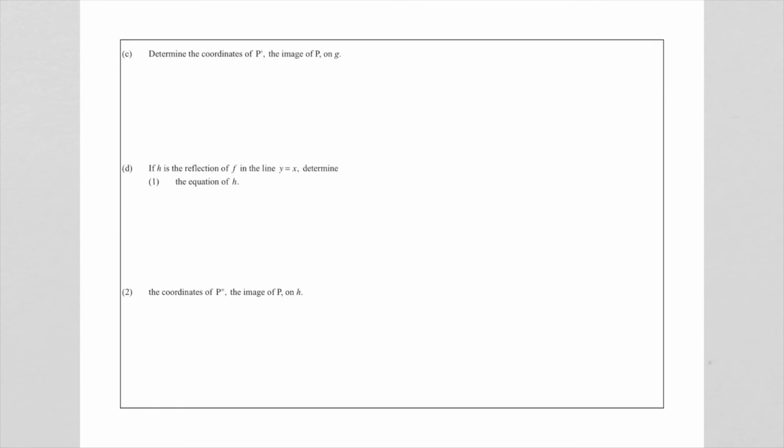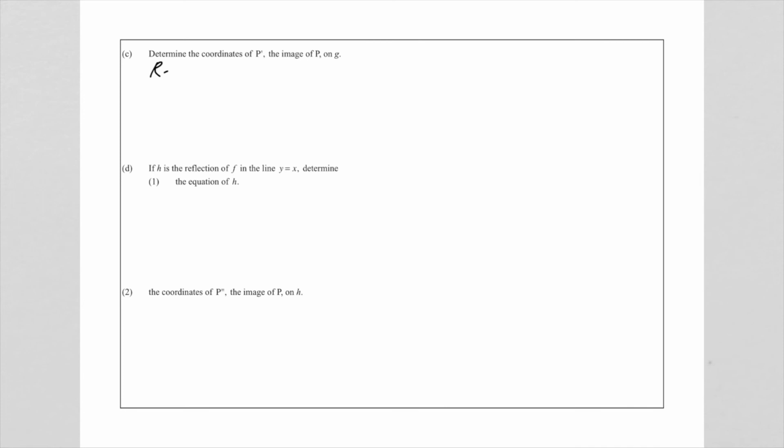Let's now look at C. In C, they ask us for the coordinates of the image of P, and that image of P is on g. So you will remember that P is on function f, and P image is on function g. And to find the coordinates of the image, we must reflect P in the y-axis.